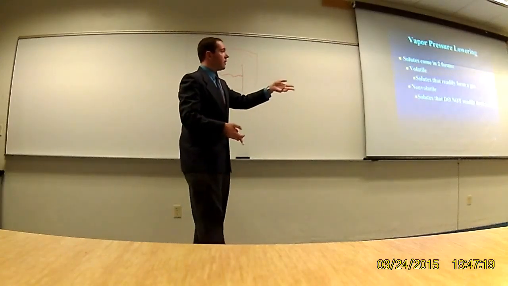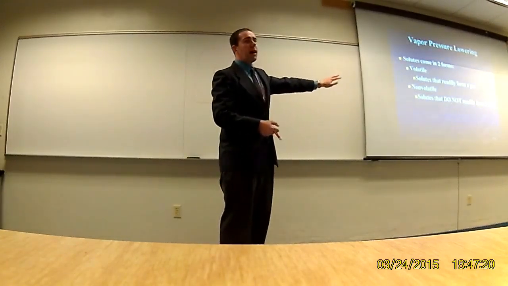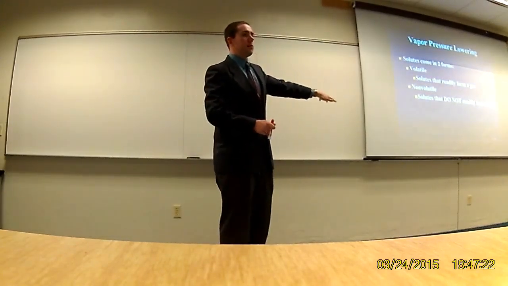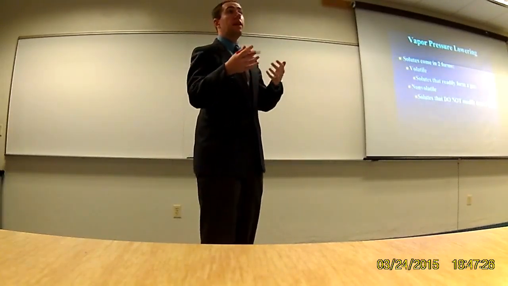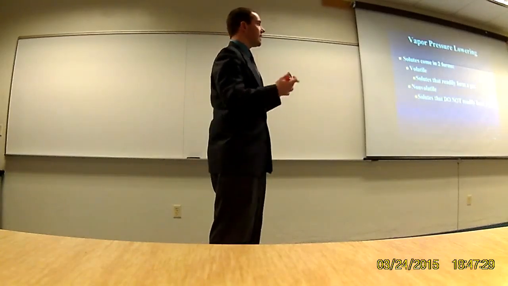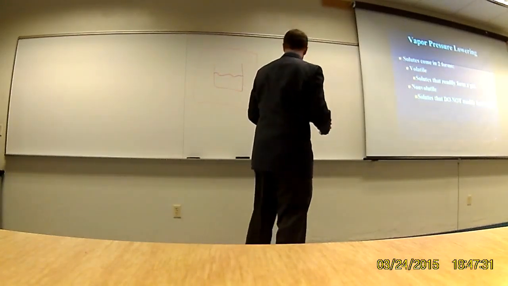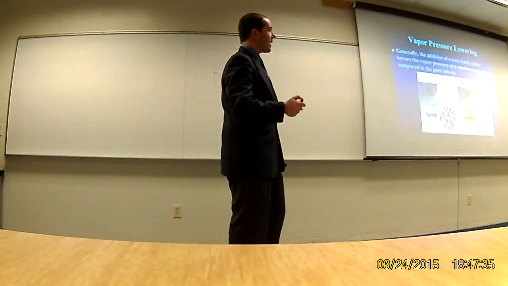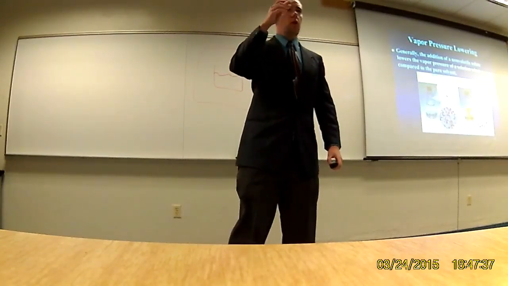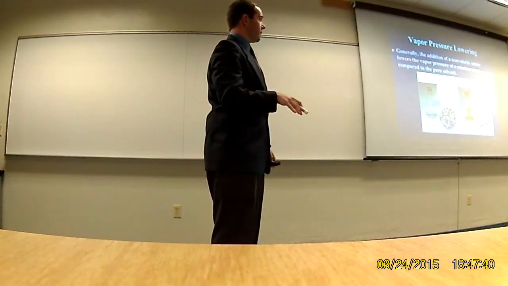So this only applies to non-volatile solutes, like sodium chloride or glucose or sucrose, things like that. Pretty much everything we would normally deal with is a non-volatile solute. When we add a non-volatile solute, it lowers that vapor pressure.